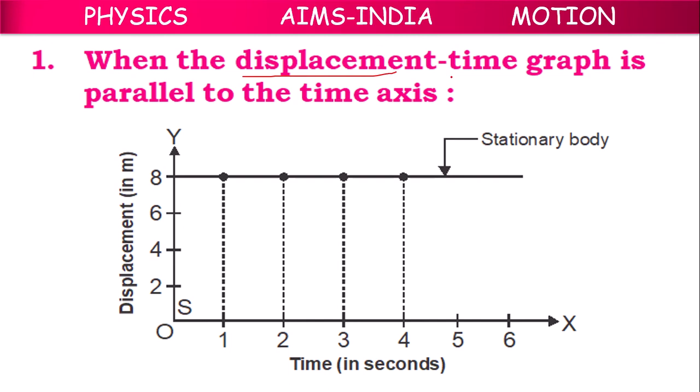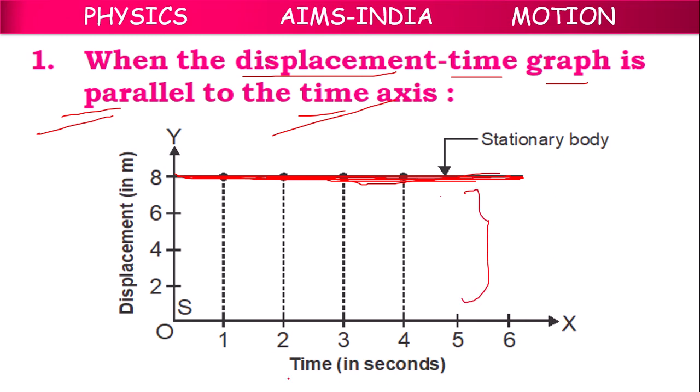When the displacement time graph is parallel to the time axis, whatever straight line we have drawn here is the displacement time graph, or the equation representing the linear motion of the body. If it is parallel to the time axis, plotted on the x-axis, then the graph will be like this.